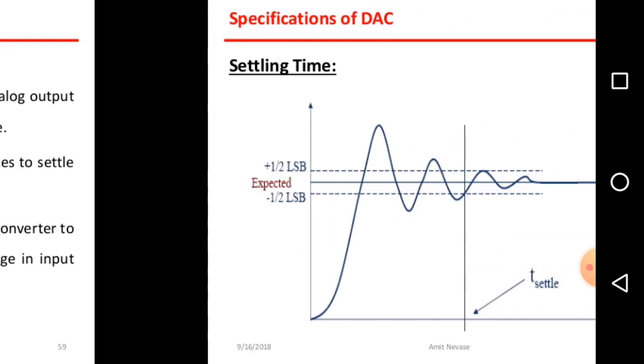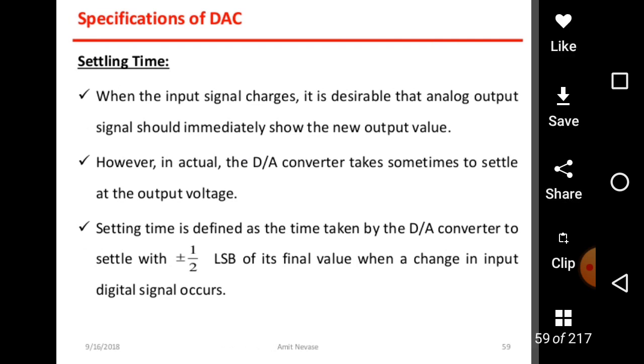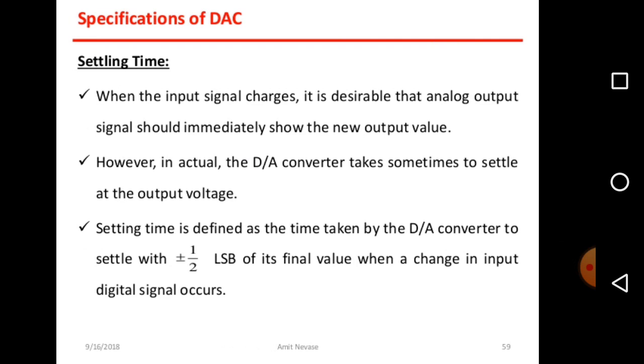Next is settling time. When the input signal changes, it is desirable that the analog output signal should immediately show the new output value. However, in actual, the D to A converter takes some time to settle at the output voltage.